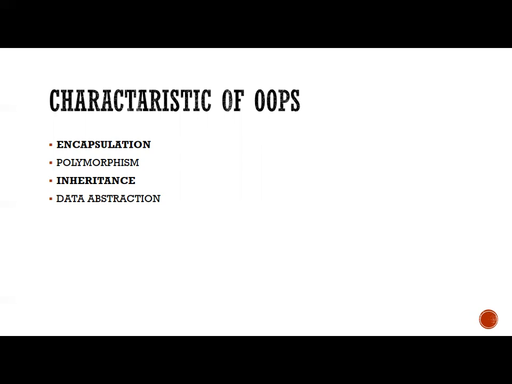Now we will see the major characteristics of object-oriented programming, which are universal characteristics in every object-oriented programming language. But before that, can we say that C++ is a pure object-oriented programming language? No, C++ is not a pure object-oriented programming language.